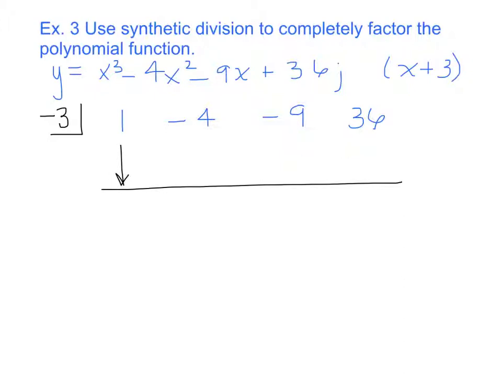Bring down my first term, get 1. -3 times 1 is -3. And you add going down. -3 times -7 is 21. And then you add.